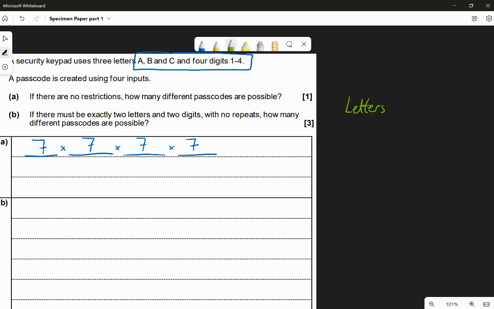If I must pick exactly two letters, I could choose A with B, or I could choose A with C, or I could choose B with C. I'm not talking about what order they're going in yet. I'll come back to that. But those are the three possible choices of two letters with no repeats. So I have three possible choices of which two letters I am going to choose.